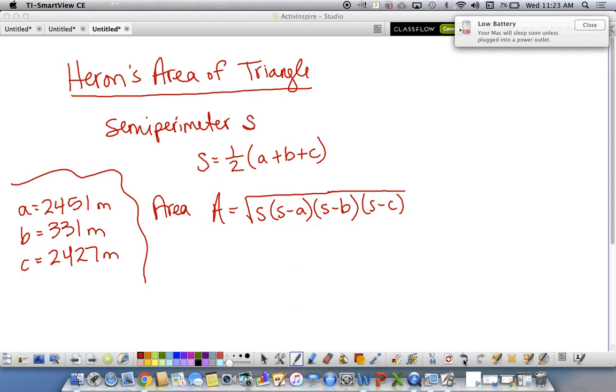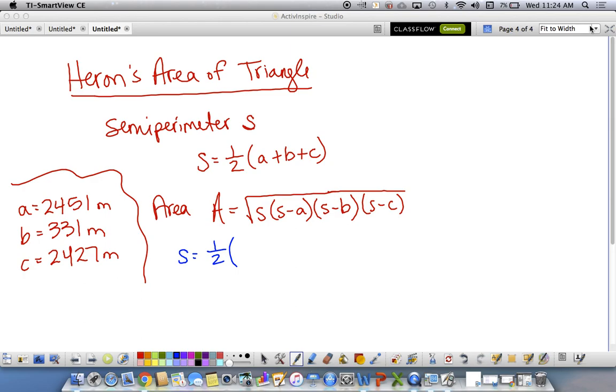Okay? So using this formula, we would find the S. 1/2 of 2,451 plus 331 plus 2,427. So we add all the sides together and take half of it.